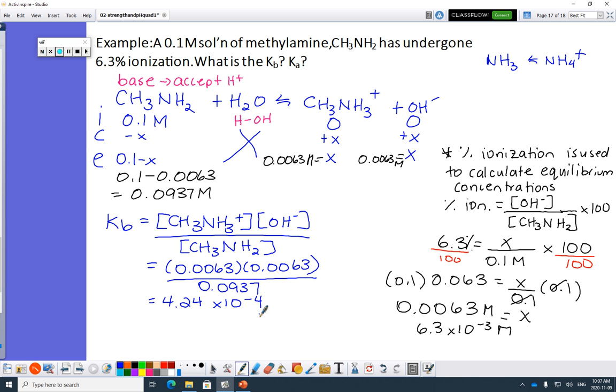Some calculators are wacky, so you might have to do this times this or this squared, push equals, and then do the divide.